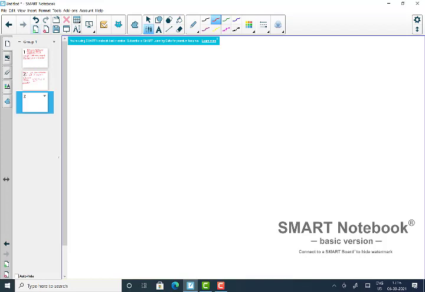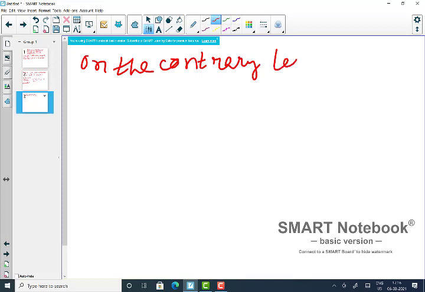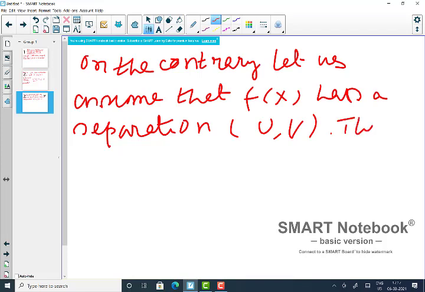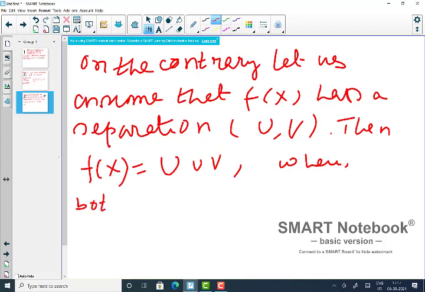Okay, so on the contrary, let us assume that f(X) has a separation, say U, V. Then obviously you know that f(X) can be written as U union V, where both U and V are open in f(X), right?